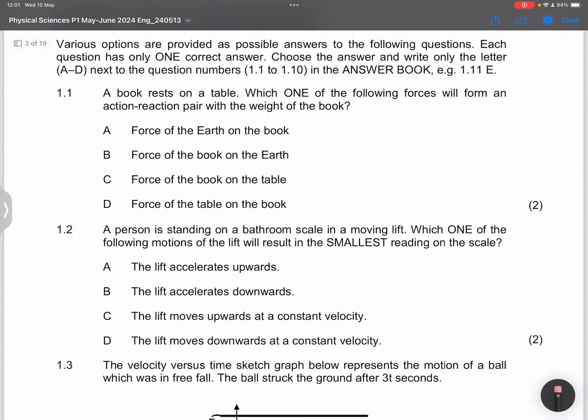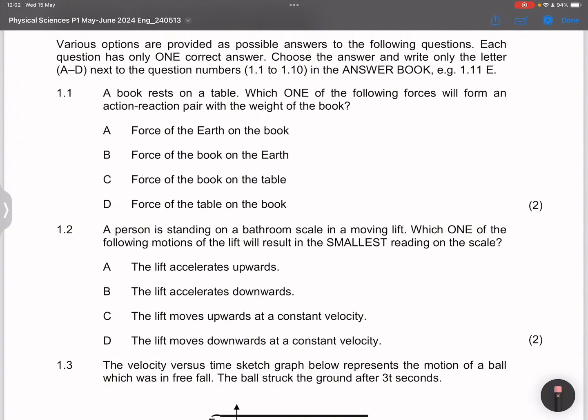They say a book rests on a table. Which one of the following forces will form an action-reaction pair with the weight of the book? Now remember, what is the weight of the book? The weight is the force that the Earth exerts on the book.